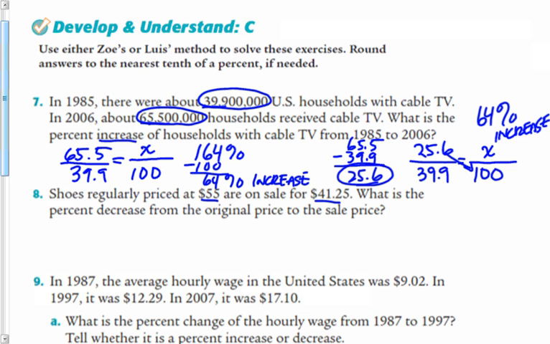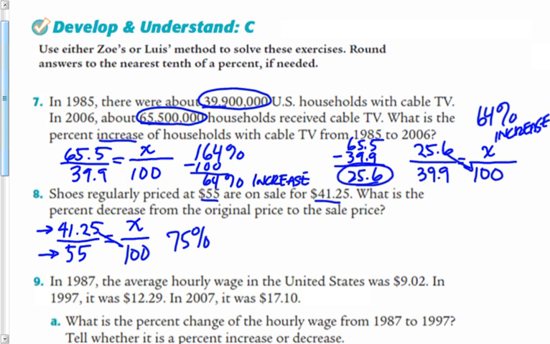If I set up this proportion with 41.25 as the part and 55 as the whole, I cross multiply and divide, taking 41.25 times 100, divided by 55, and I end up with 75%. That's saying that 41.25 is 75% of 55. So the sale price is 75% of the original price.